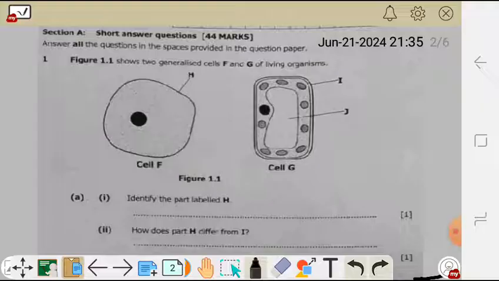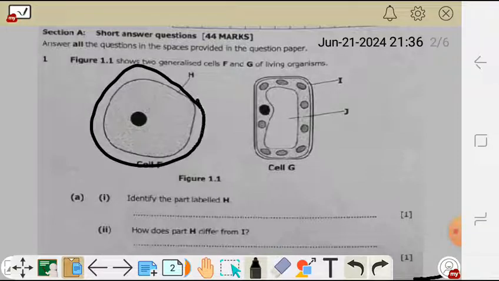When you look at this cell, which is cell F, it has only one membrane. By looking at it, and the shape is irregular, we can say it is an animal cell.